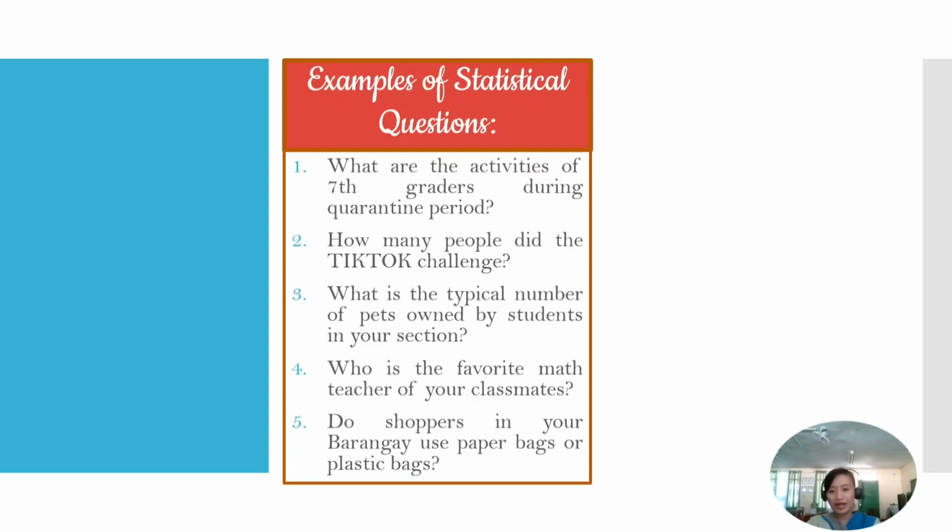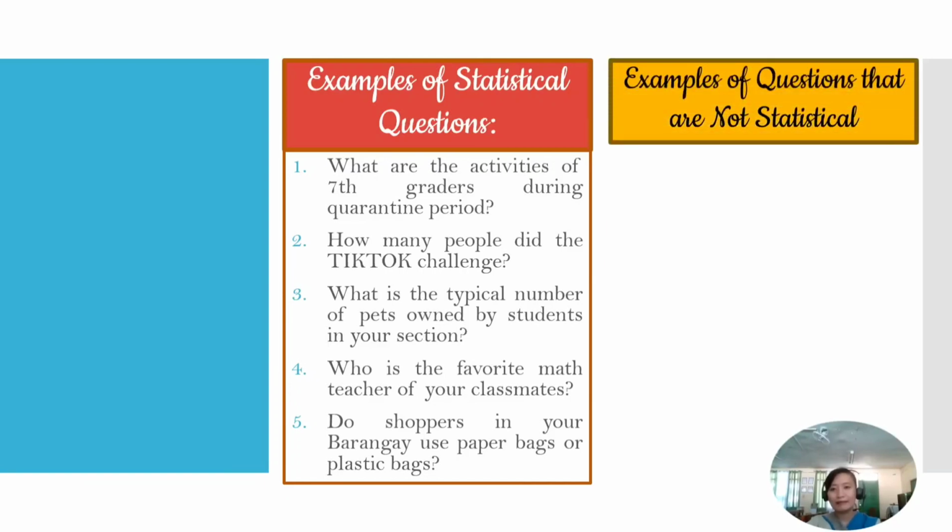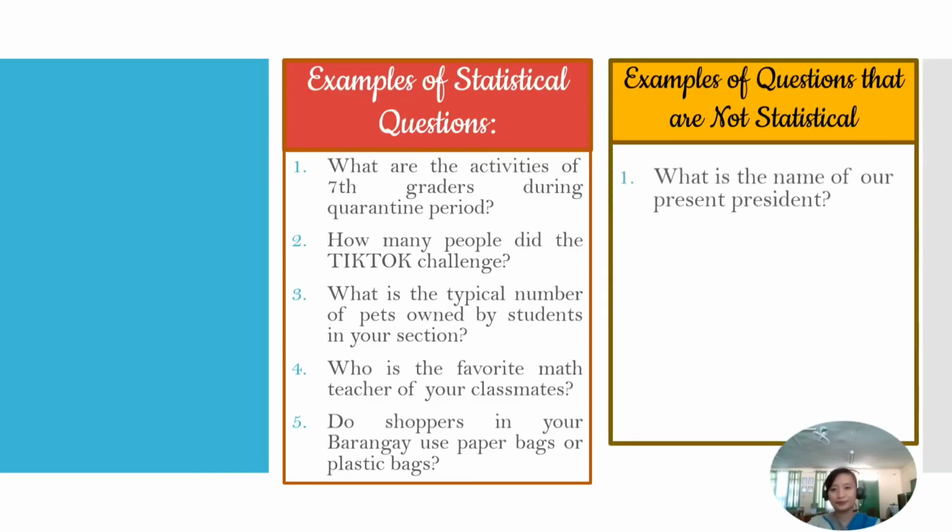By now, you should have an observation or description about statistical questions. While you are thinking about that, here are examples of questions that are not statistical. The first question is, what's the name of our present president? Number 2, what time did you get up this morning?